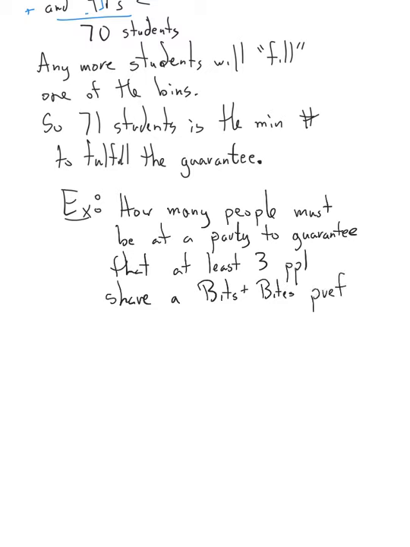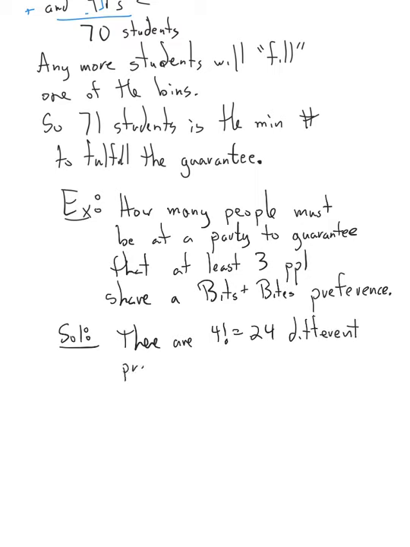And you'll remember from our last video or the video before that, we talked about how many bits and bytes preferences there are. So that's going to help us out. So we know there are 4 factorial, which is 24 different preferences.